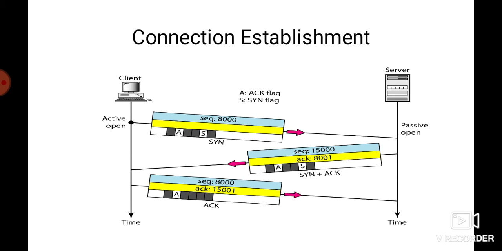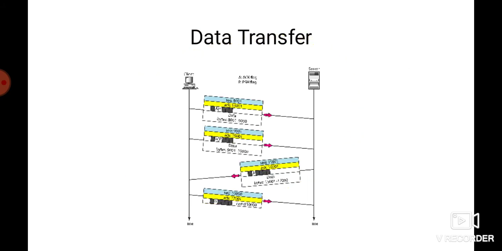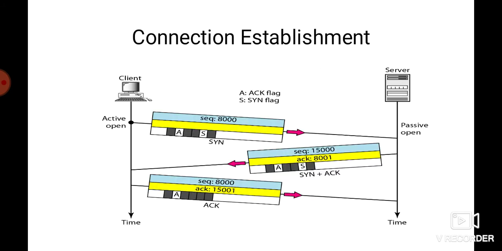So this is the connection establishment phase of the TCP protocol. TCP transmits data in full duplex mode only. When two TCPs in two machines are connected, they are able to send segments to each other simultaneously.